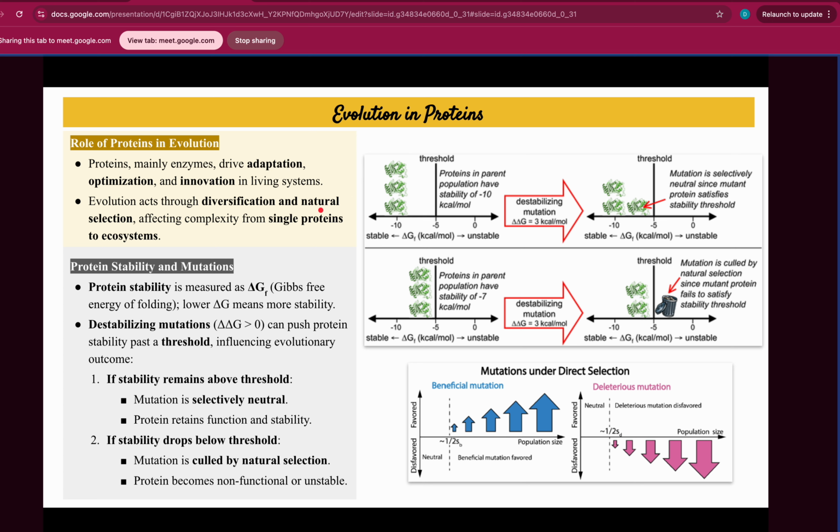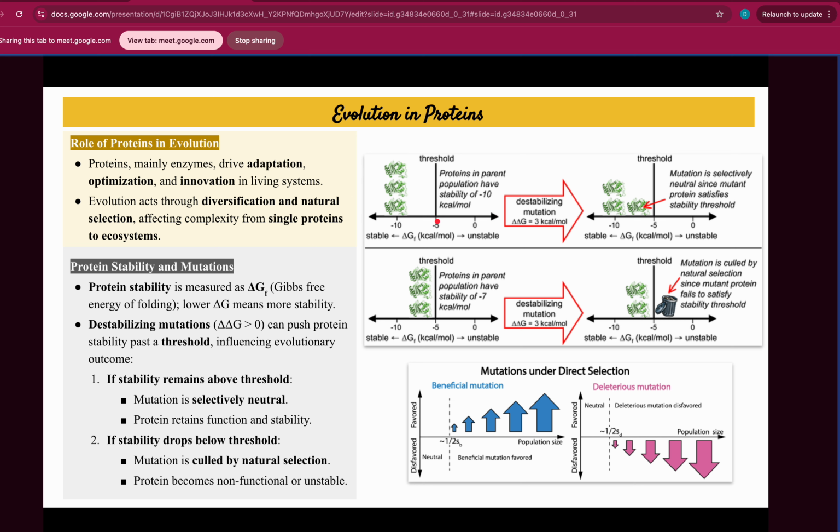Not all the mutations or all the changes which have happened are favorable. Certain changes which are not favorable were lost. So there is a natural selection process acting on this evolutionary process, which affects the complexity from single proteins to ecosystems. For example, in this case, as you can see, we have these proteins.